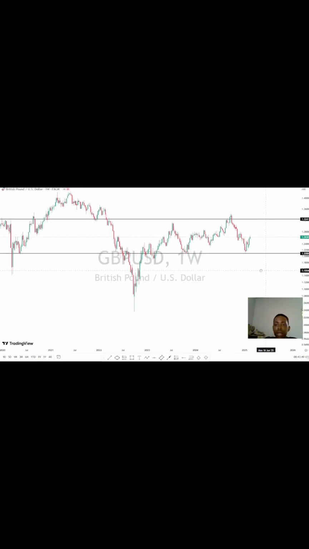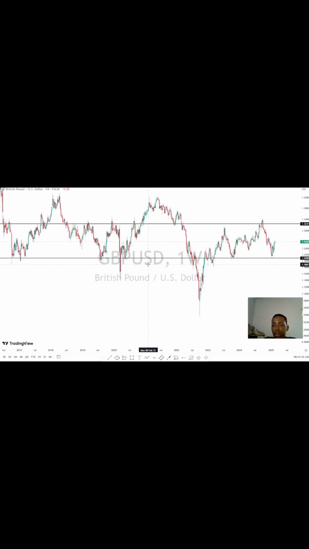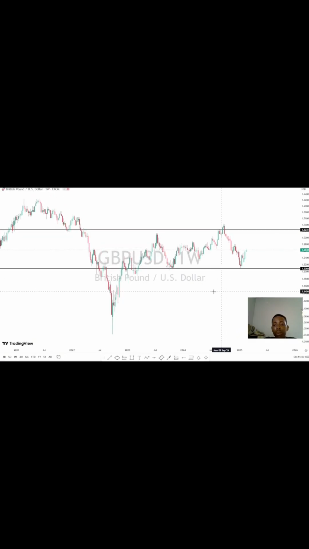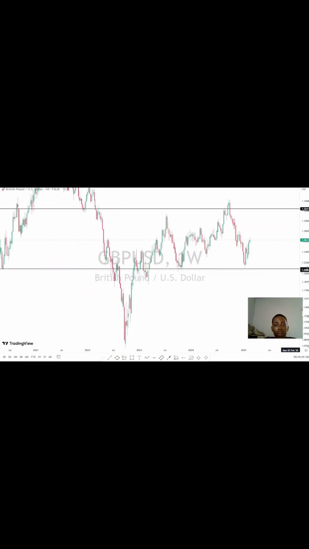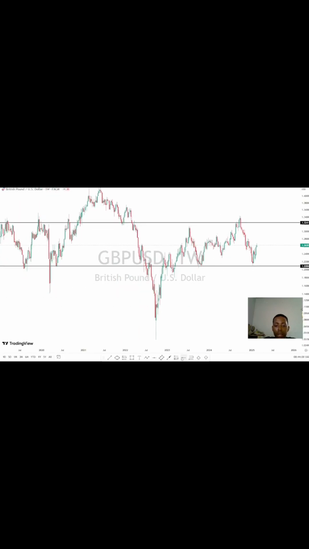So as you guys can see, this is a very, very strong support level on the weekly time frame of this GBP USD. So I'll go ahead and mark out my expectation for next week. Firstly, I can see another level here.